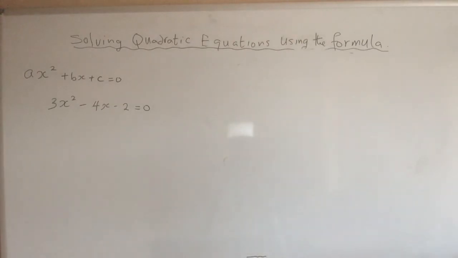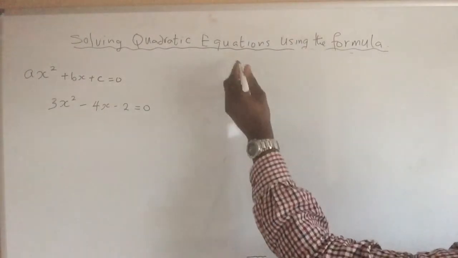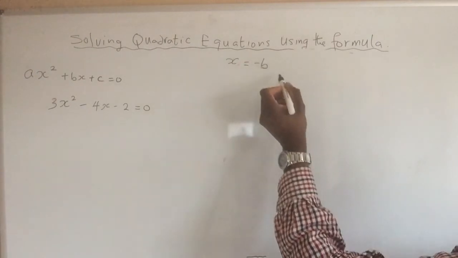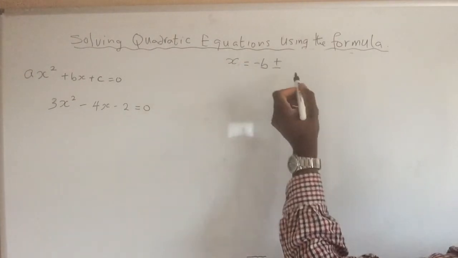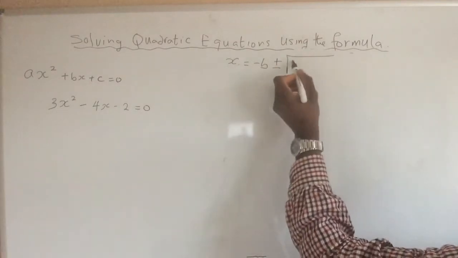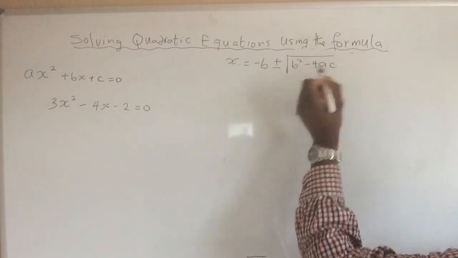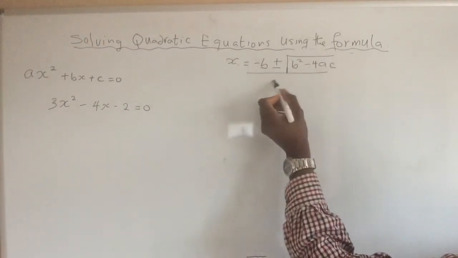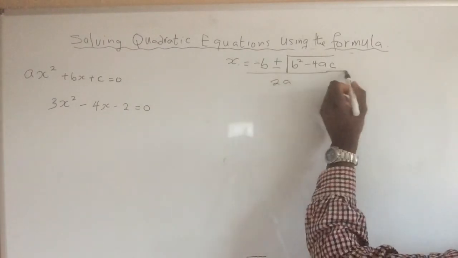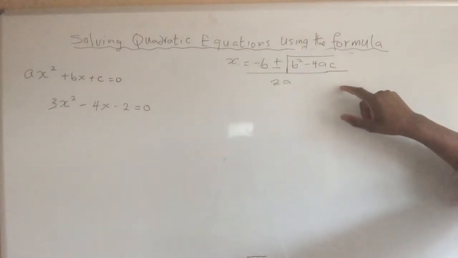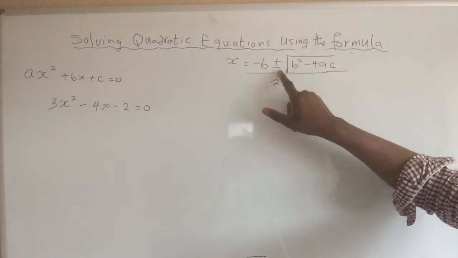Now the formula is giving us x equal to minus b plus or minus the square root of b squared minus 4ac, over 2a. Please notice that the divide sign doesn't start from here.